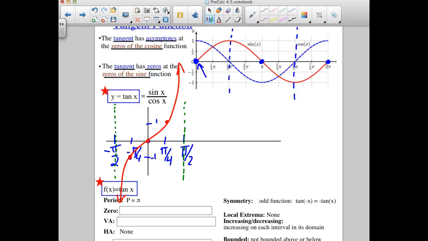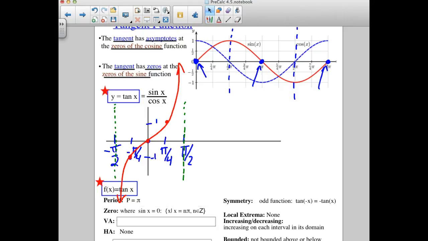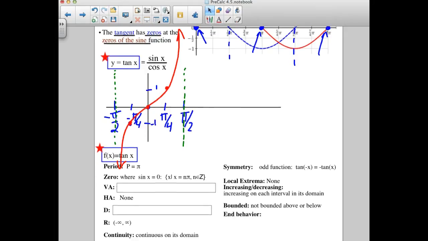We have one here. We have one here at pi. We have one at 2 pi. If we kept doing more and more periods, you'd see those showing up. So 0, 1 pi, 2 pi, 3 pi, 4 pi. We could go in the negative direction, negative pi, negative 2 pi. So our zeros are going to happen at n pi, wherever the sine was 0.